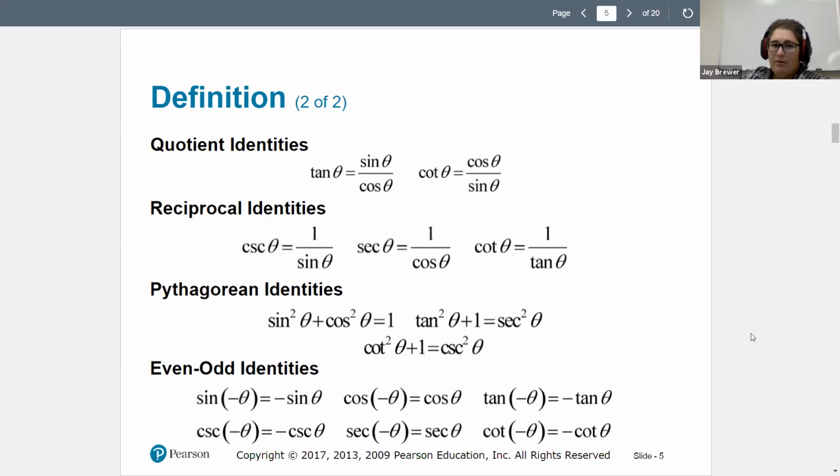You have three Pythagorean identities. And then you have six even and odd identities. That is not where identities stop. That is only where identities kind of start. So I guess in terms of identities, that's about it. But there are many formulas. A vast number of formulas. I don't know if we're going to get to all of them or not.